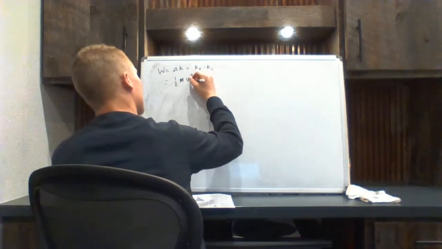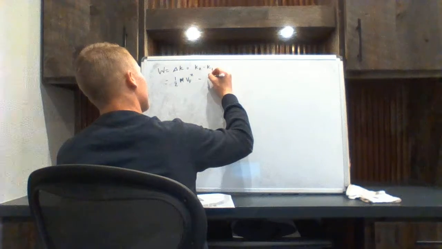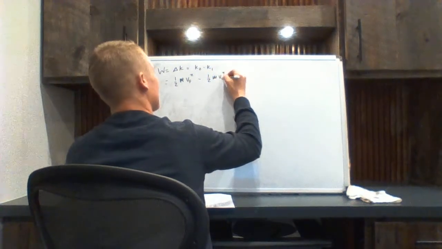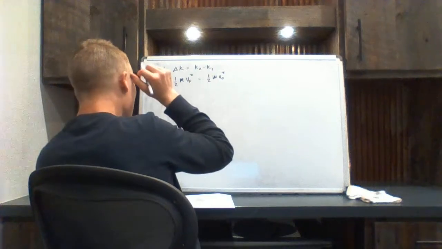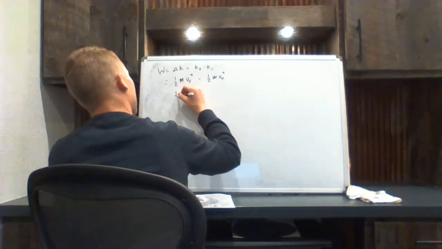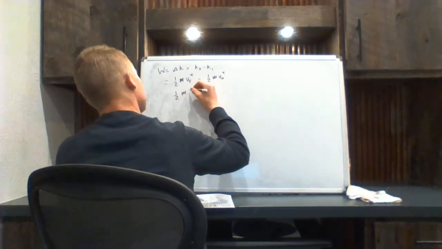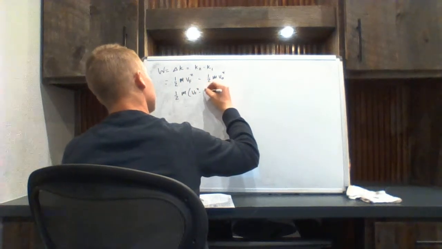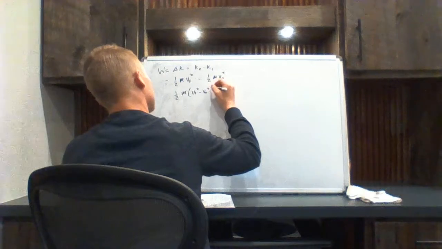K2, so that's our final, minus 1/2 mass times velocity squared initial. We can then change that to 1/2 mass times velocity final squared minus velocity initial squared.